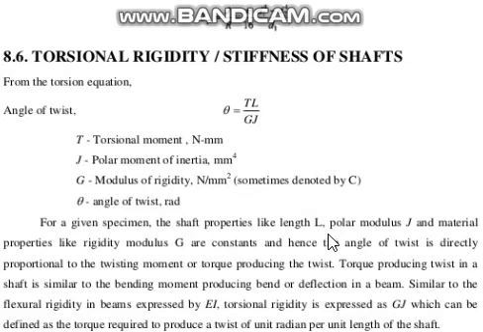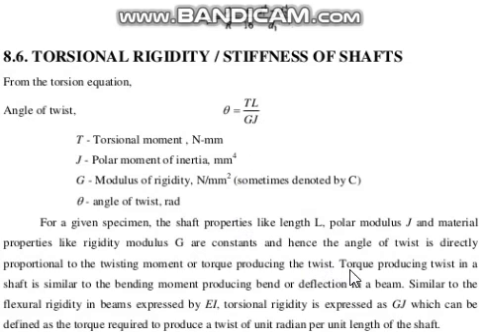These are all constants now. L, J, G are constant. Hence the angle of twist is directly proportional to the twisting moment. If all the other things are constants, then theta is directly proportional to T.